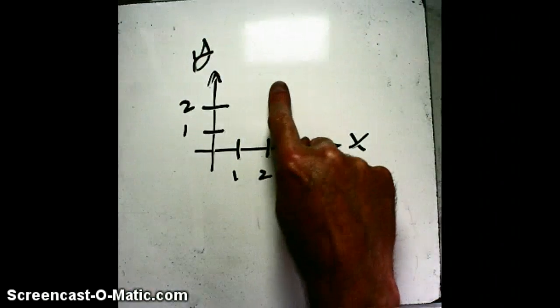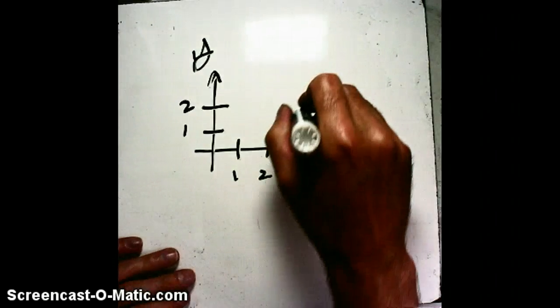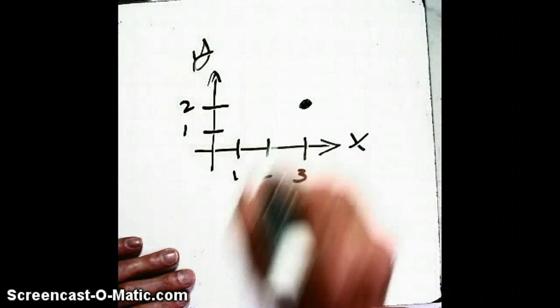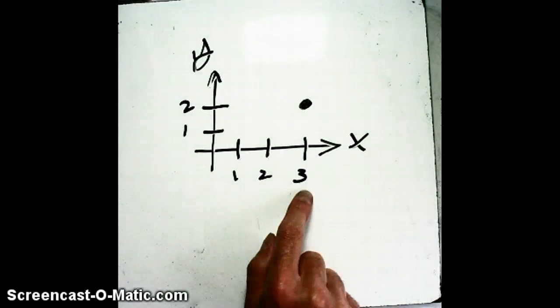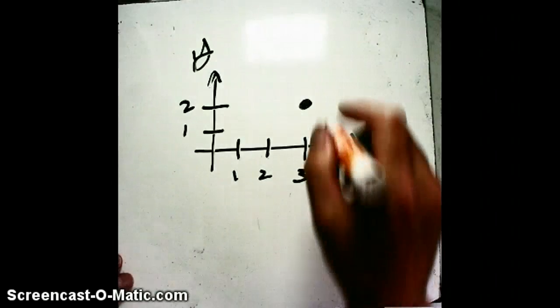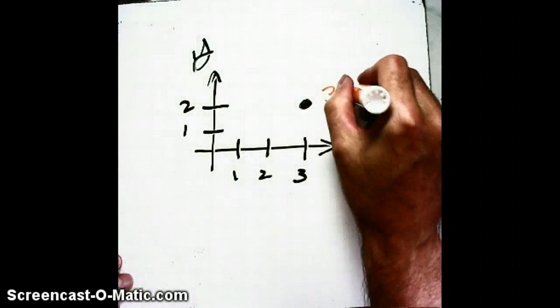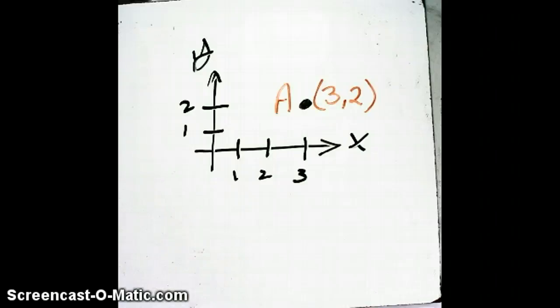This is quadrant 1. So my question is, look, here's a point right here. Can you tell me the coordinates of that point? Well, it's 3 to the right and 2 up. In order for us to make sure we understand that, we call that (3, 2). Point A is located at (3, 2).